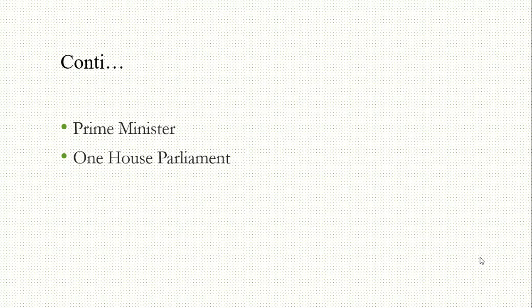One house parliament. The National Assembly was the only house of the parliament, having a membership of 300 plus 10 women seats. The principle of parity was observed for representation, and the method of direct election was adopted for the general seats. All legislative powers were rested with the National Assembly, and the President could return, reject, or sign the bill.